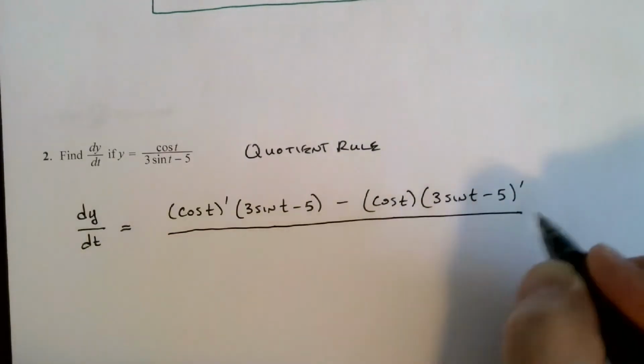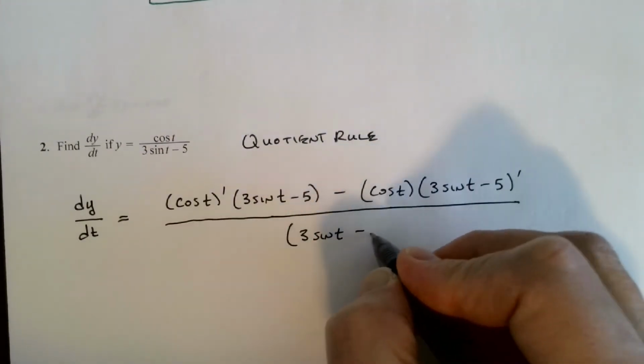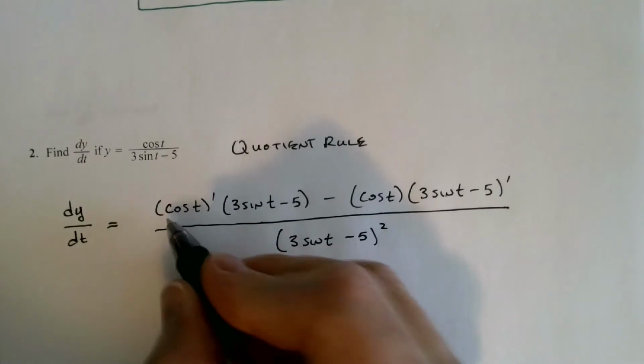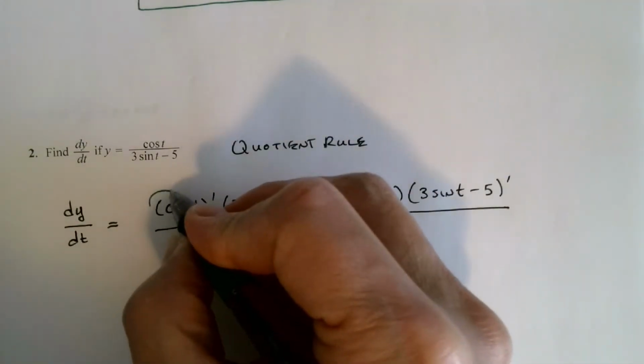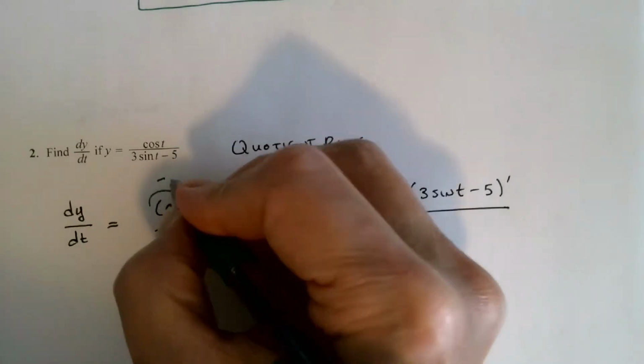All of that, remember, is divided by the bottom function squared. So what do we have? Well, we have the derivative of the cosine function, and what was that? Derivative of cosine of t was negative sine of t.